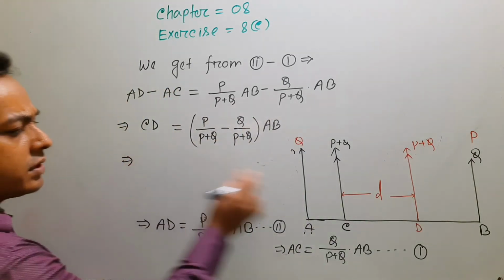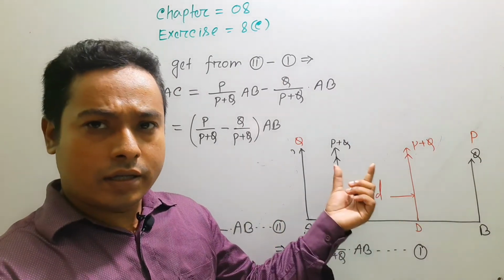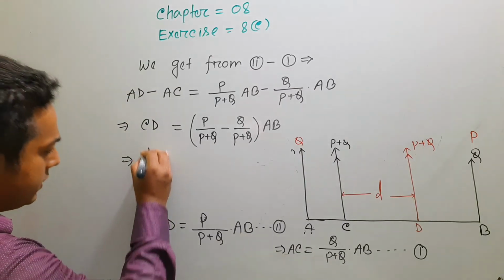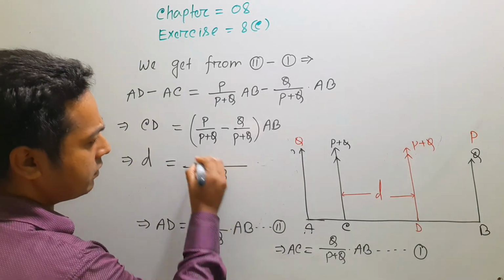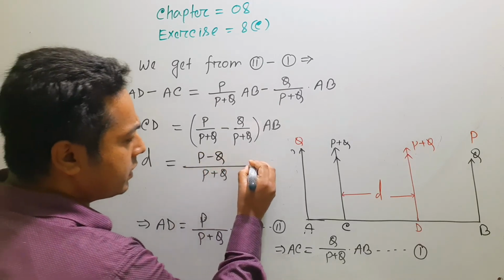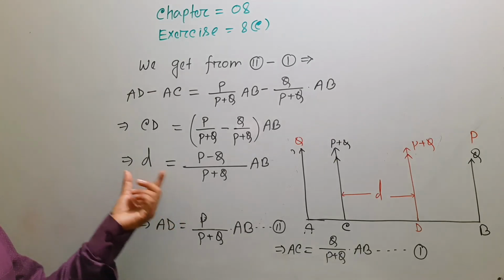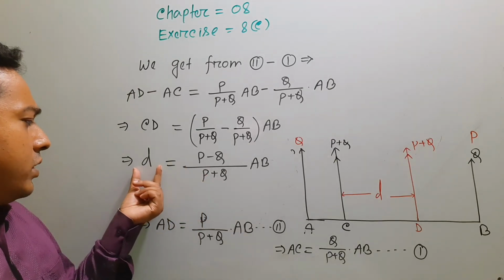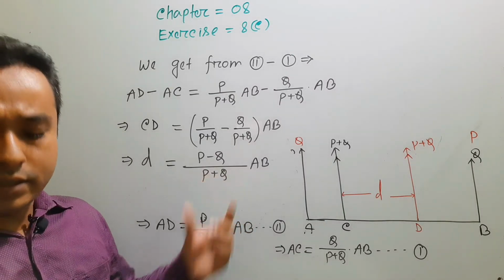So the distance CD is equal to D, which is given in the question. So D is equal to (P minus Q) divided by (P plus Q) into AB, and we have proved this.